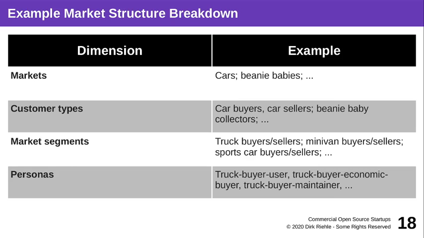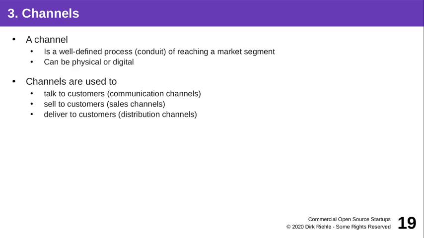You segment your market, for example, by type of car, and then as you have a particular market segment like those in the market for a truck, you have different personas who will be driving the truck, who will be managing the drivers, who are the buyers, who have to maintain the truck, all of that. So you need to understand all of these things if you want to be successful in selling your product.